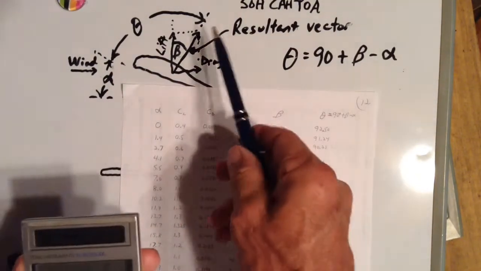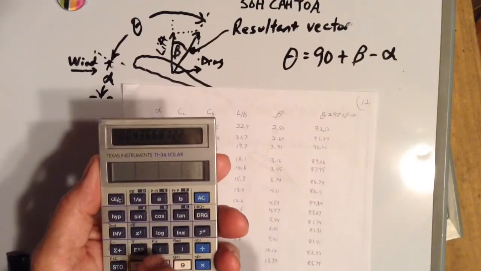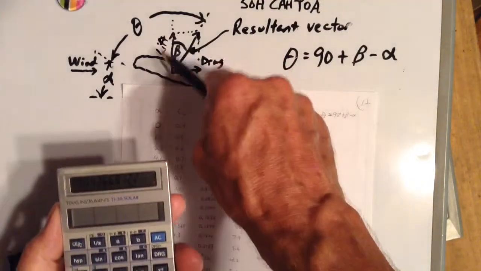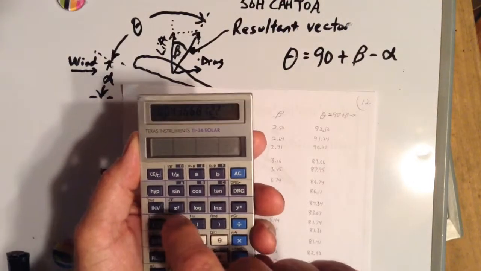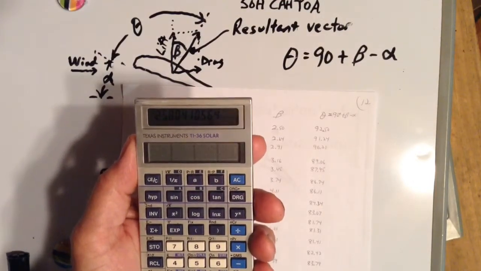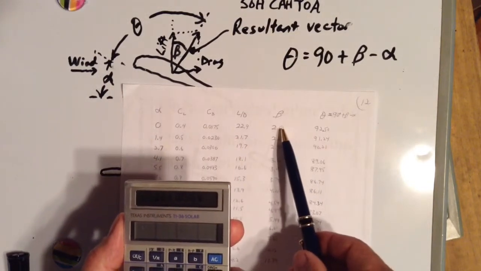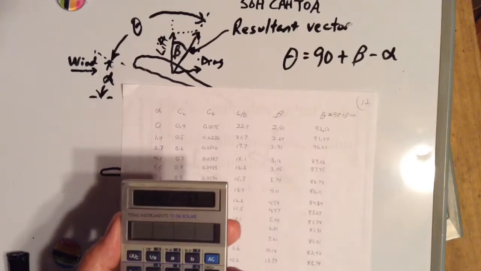Okay, so we've got the ratio of that to that. If we hit our invert tan button, we'll see what our angle beta is. We get 2.500, and a long string of numbers. So let's just write 2.5 under our beta column.